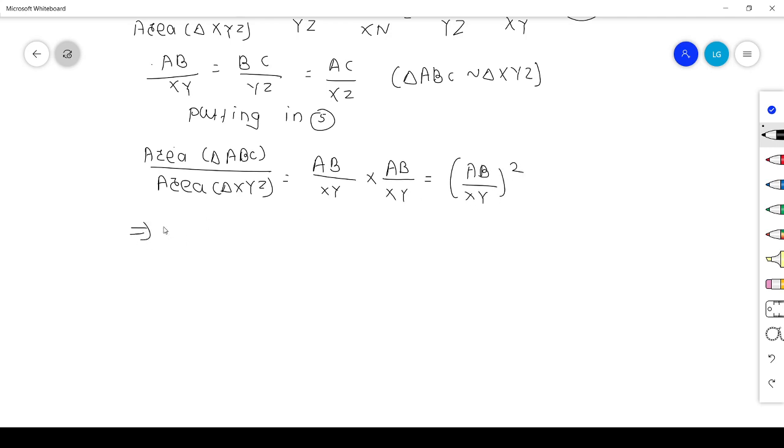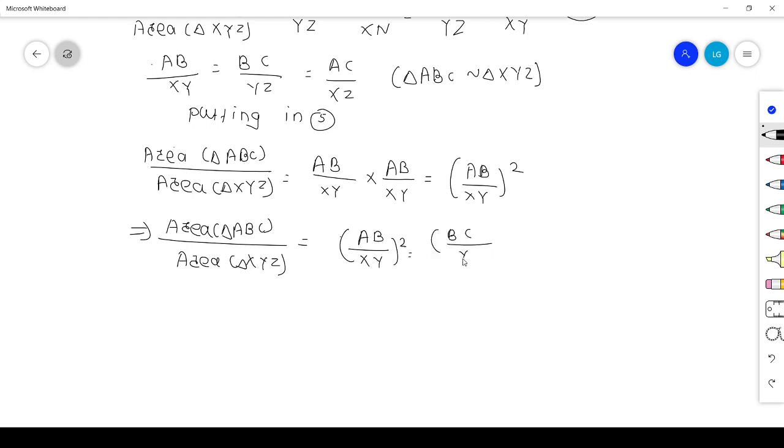So area of triangle ABC divided by area of triangle XYZ equals AB upon XY its square, BC upon YZ its square, AC upon XZ its square.